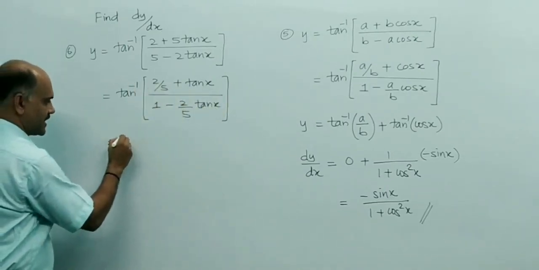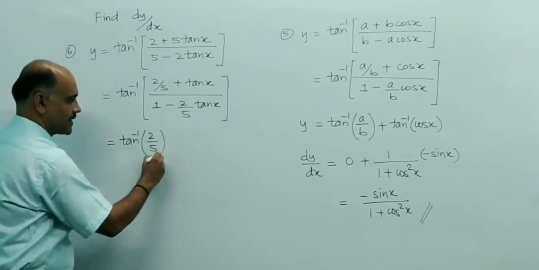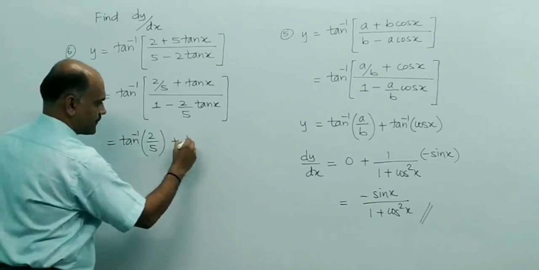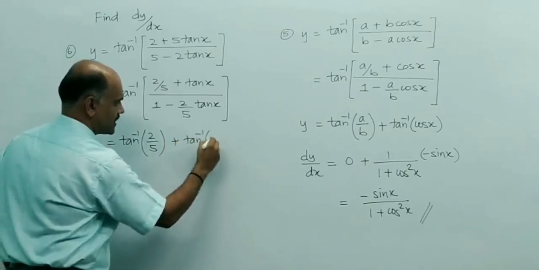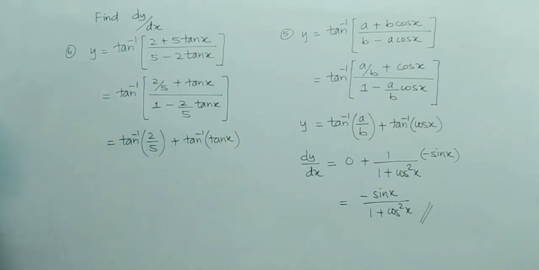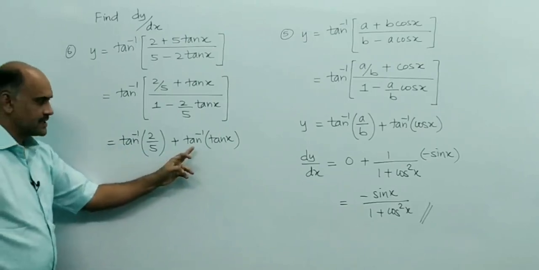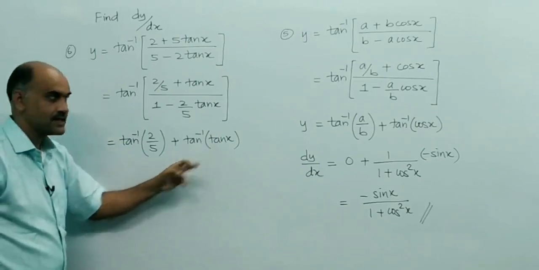So this is written as tan inverse of 2 by 5 plus tan inverse of tan x. So another step I will write. This you keep as it is. Here tan inverse and tan gets cancelled.